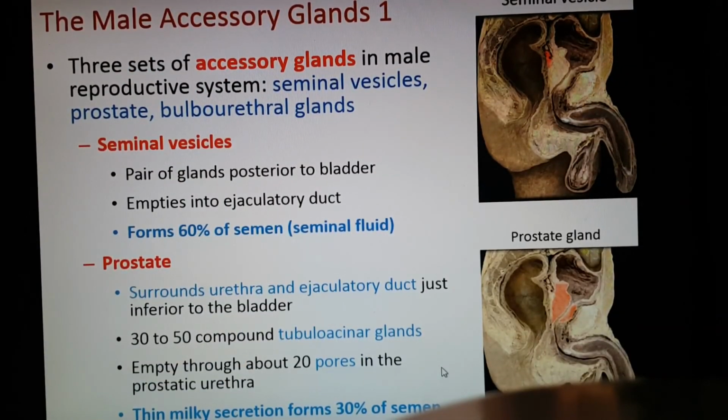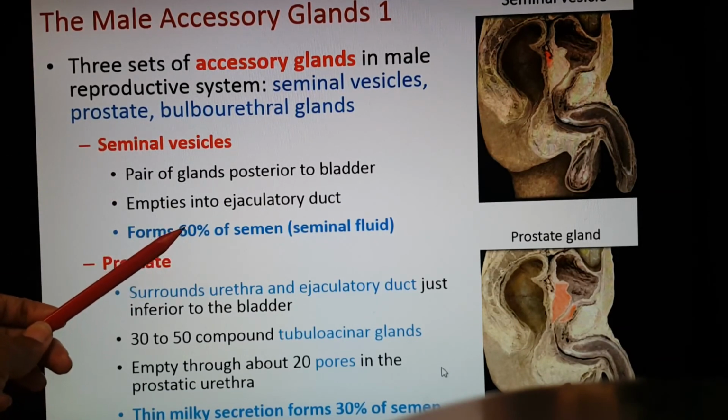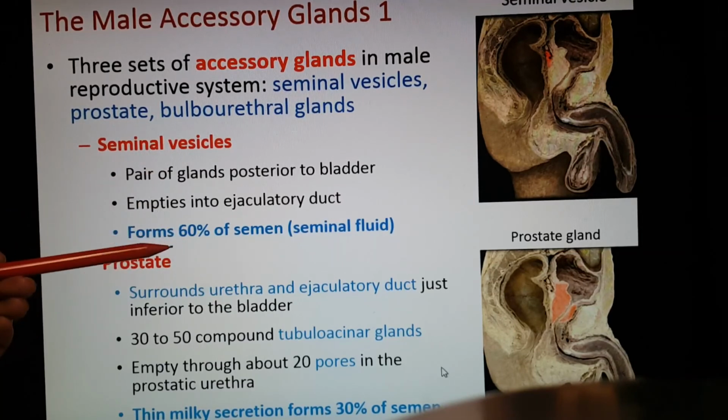Okay, skipping ahead a little bit. We'll talk about this sperm later, but you have your sperm. In order for it to flow out of the penis, as well as other functions inside the vagina, and to help it stick to the female accessory organs so that it can get into the uterus and fertilize the egg eventually, it needs your seminal fluid, made up of a fluid from the seminal vesicles that forms about 60% of the semen.